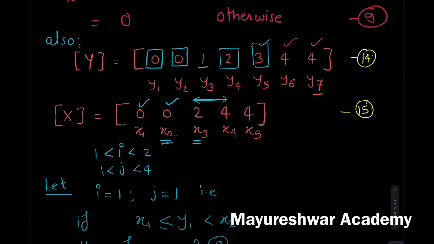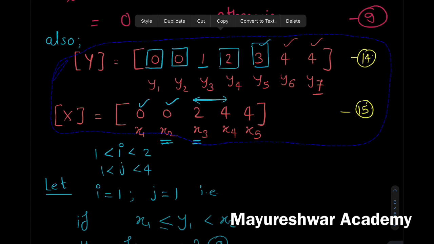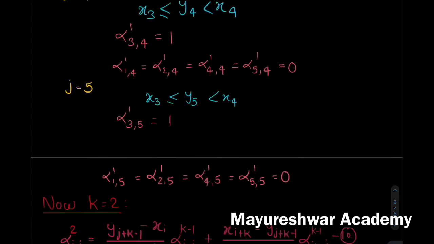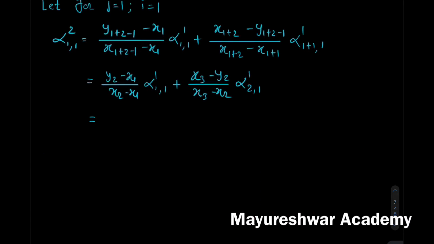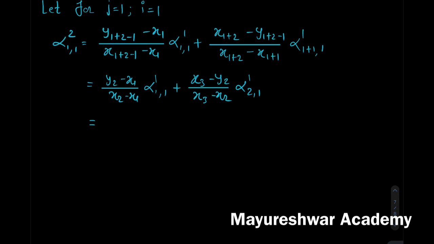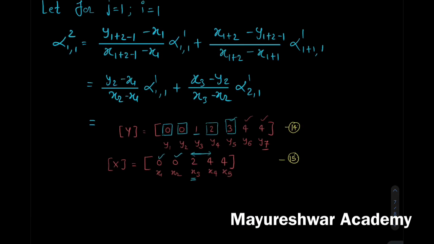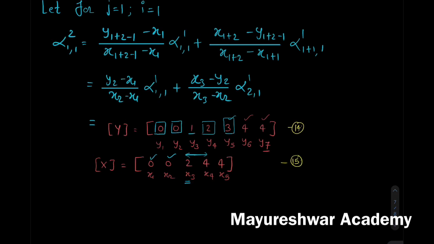So let us copy these so that we can use them there. Let us paste it here and resize it. Okay, we can use it further. Let me remove these markings.